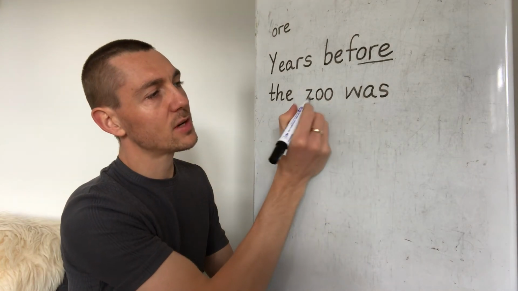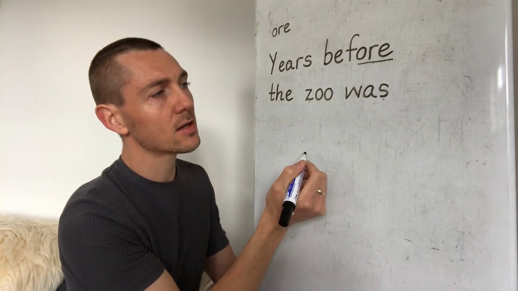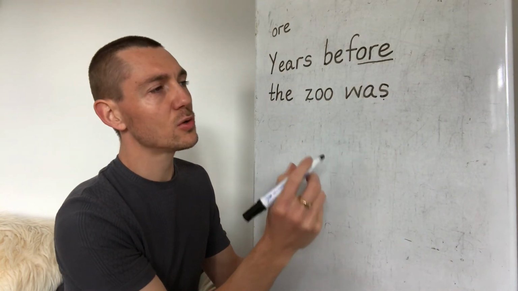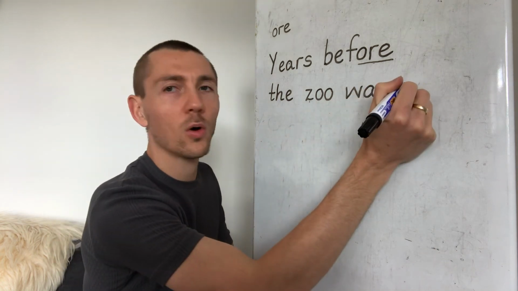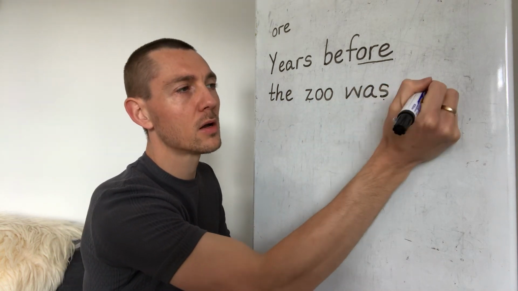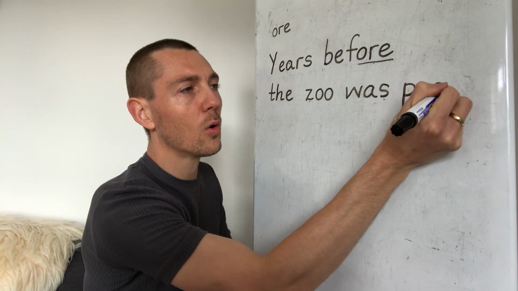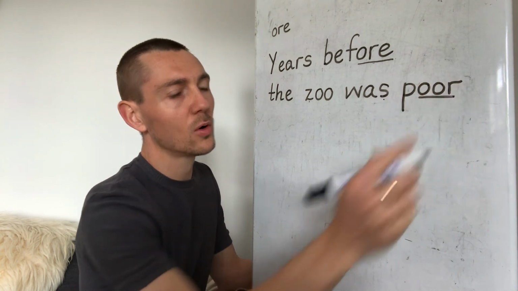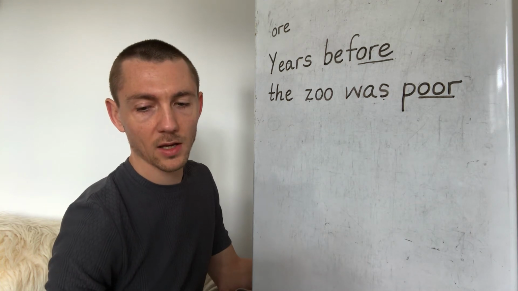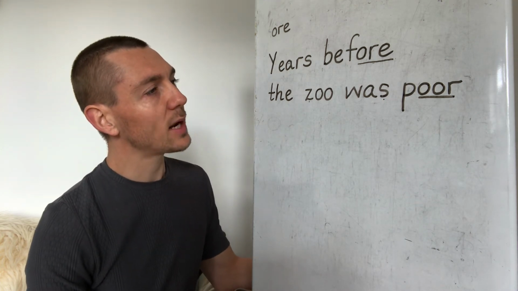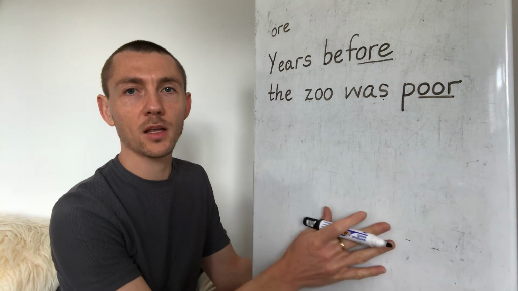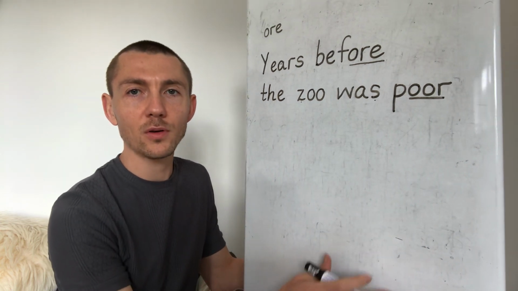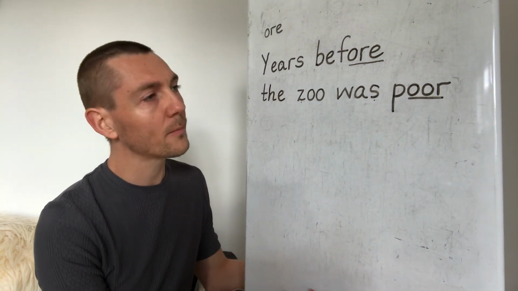And we've got those 2 different spellings of z. Years before, the zoo was poor. Or, with the O-O-R spelling of or. Okay. Just check your spelling so far against what I've got here. Years before, the zoo was poor.